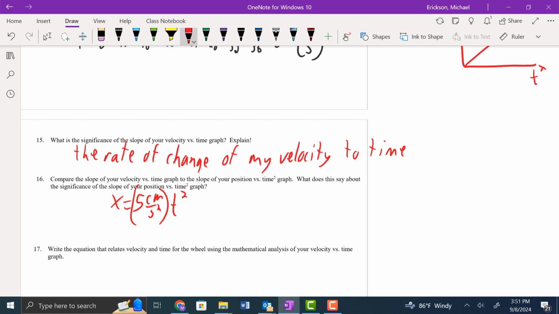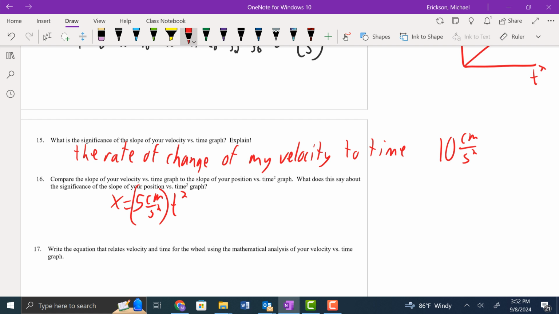So what I want us to note is that I got 10 centimeters per second squared on this graph, and I got 5 over here. So the question is, those two numbers are related to each other, and I think we can find out how to get to that number. This is double of this.